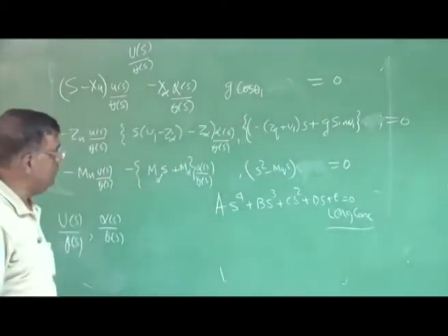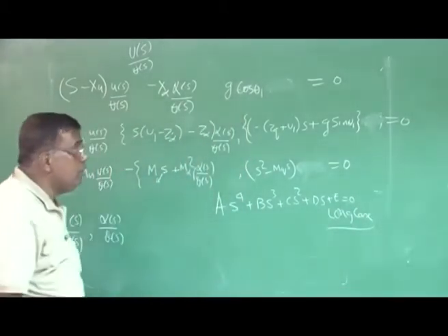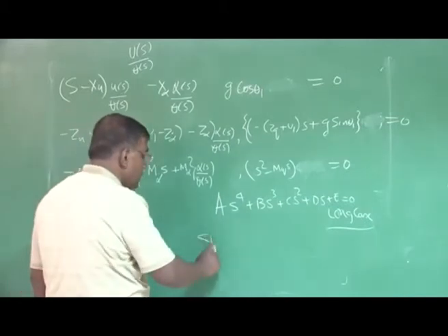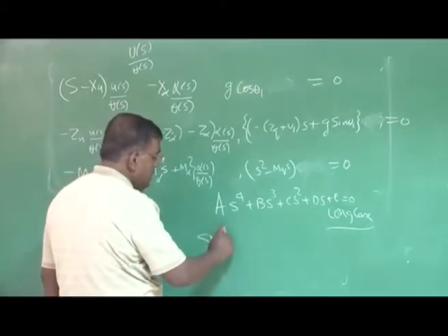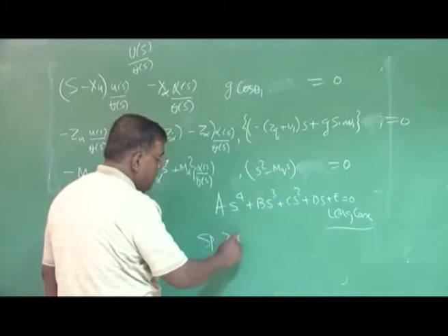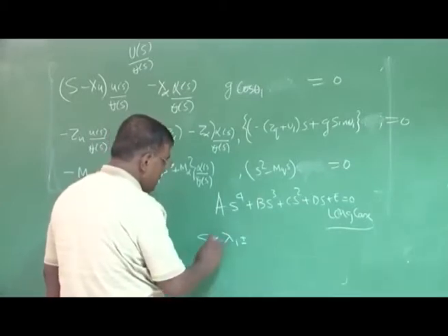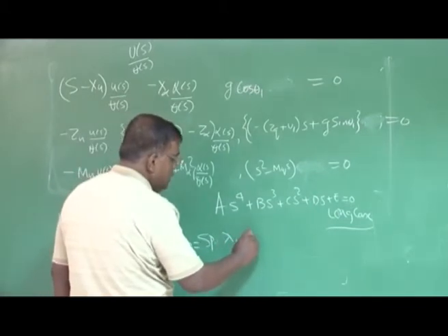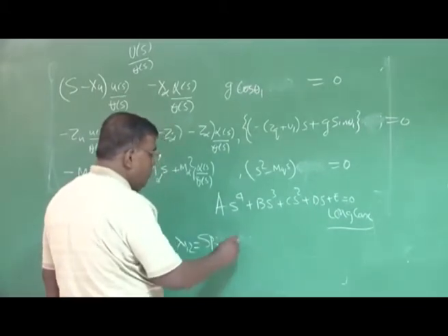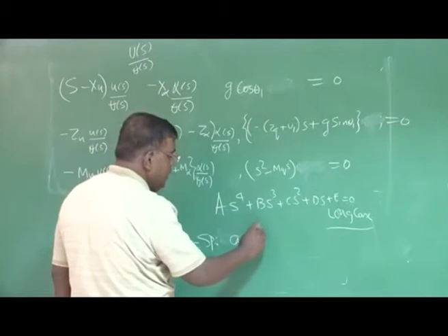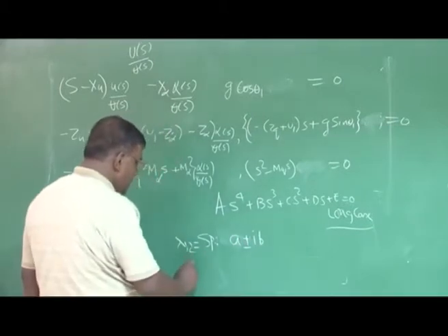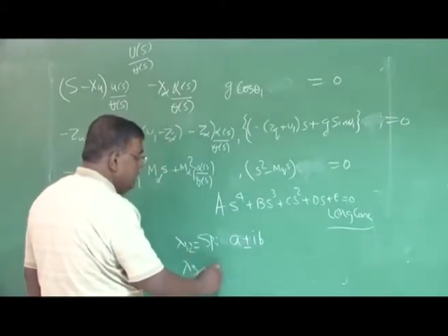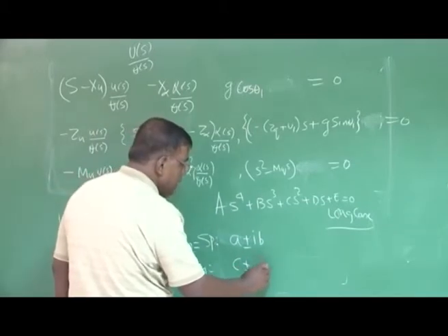It's a huge equation. But we also know for short period, we had lambda 1, 2, roots, let's say a plus minus ib, and lambda 3, 4 for phugoid, let's say c plus minus id.